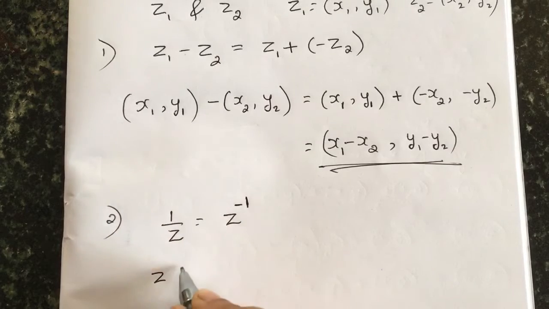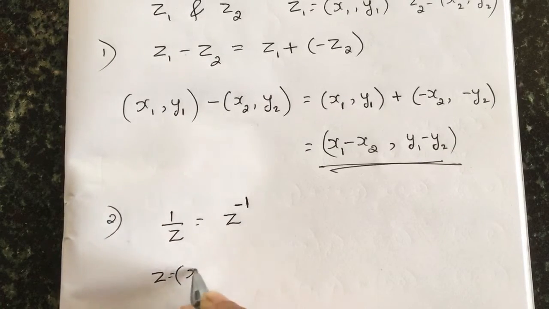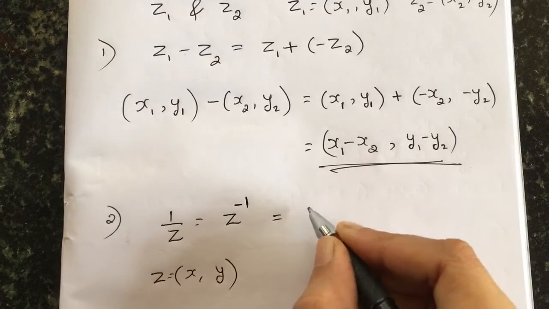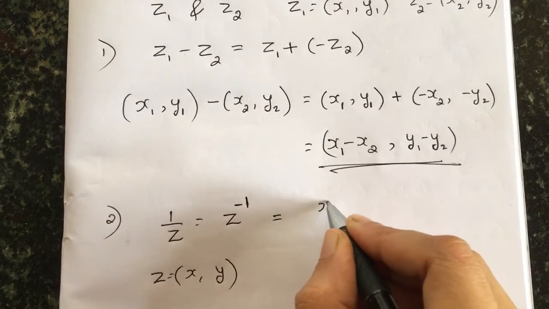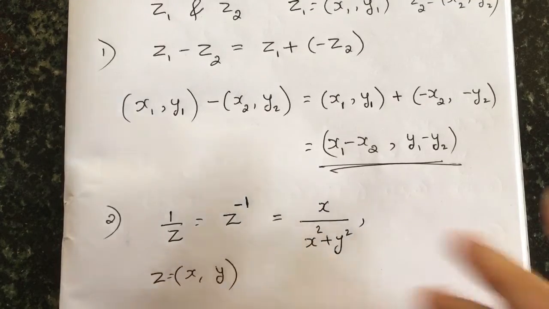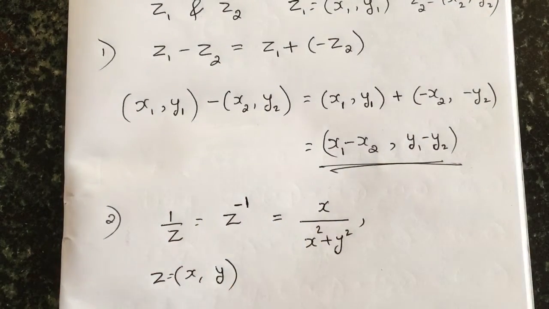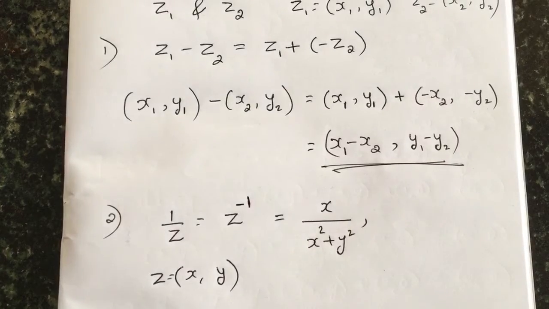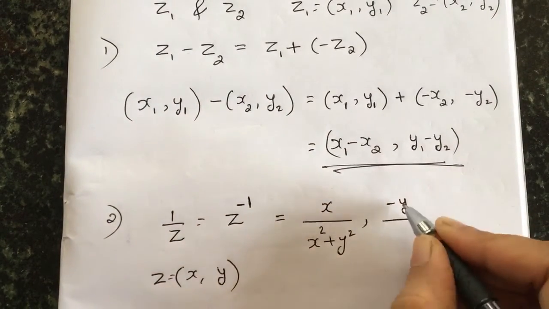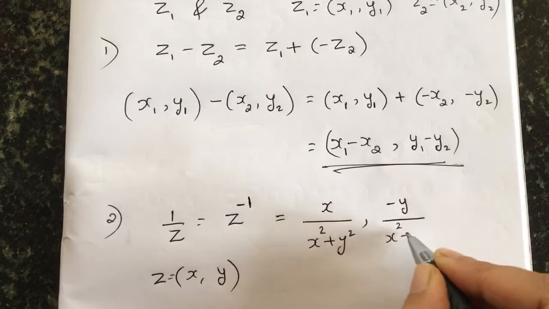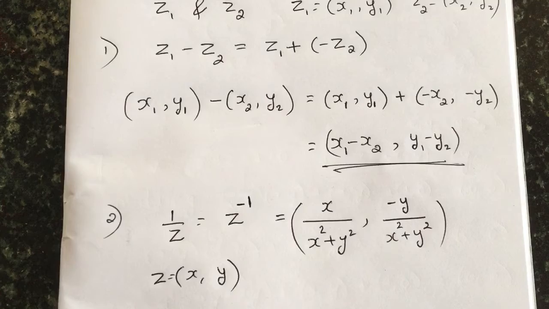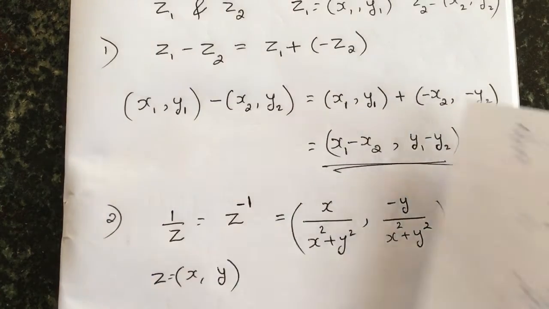If z is written in terms of an ordered pair x comma y, then z inverse is x by x square plus y square comma minus y by x square plus y square. The imaginary part is minus y by x square plus y square. This is 1 by z or z inverse.